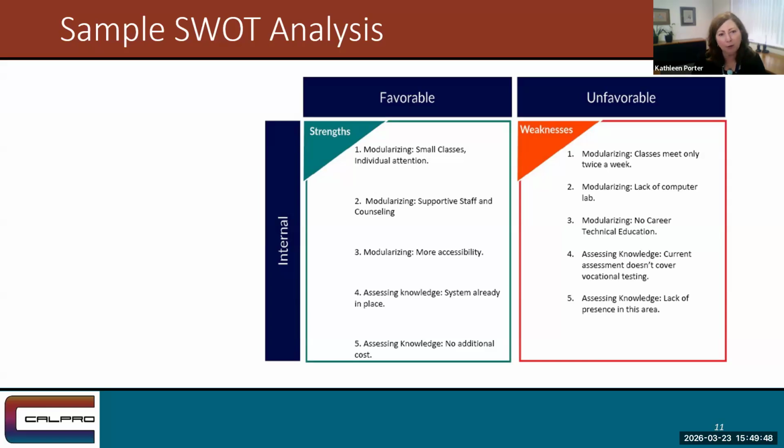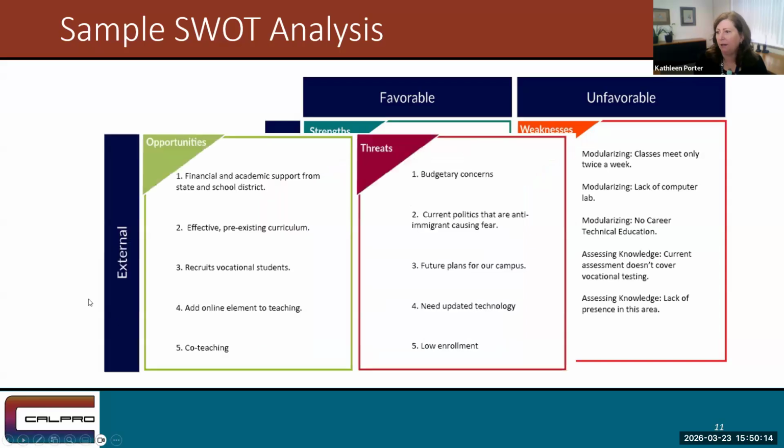They don't have a computer lab, so how would they start people in new modules? They don't have a career technical education program currently. And for assessing knowledge at intake, the current assessment doesn't cover vocational testing, and they have a lack of presence in this area. So they go on and they consider their opportunities and threats.